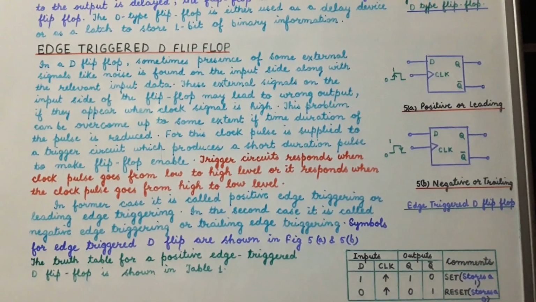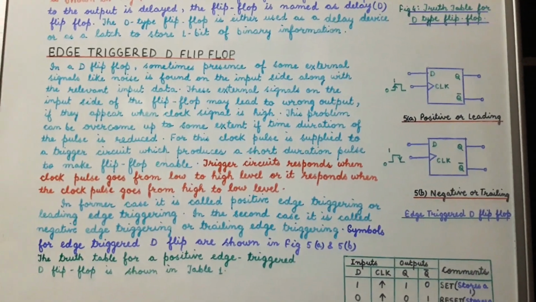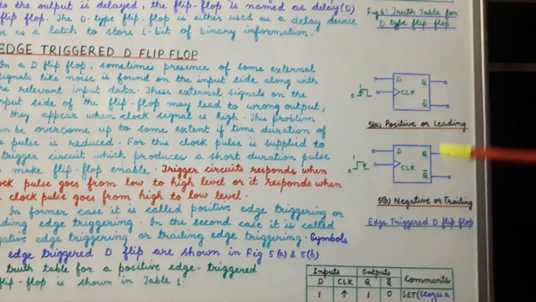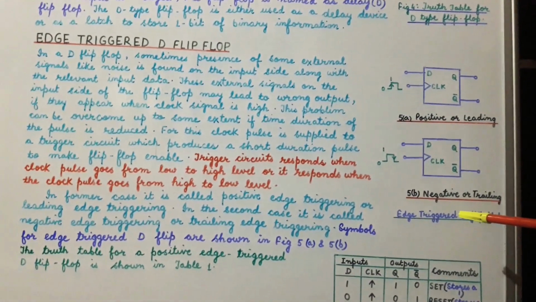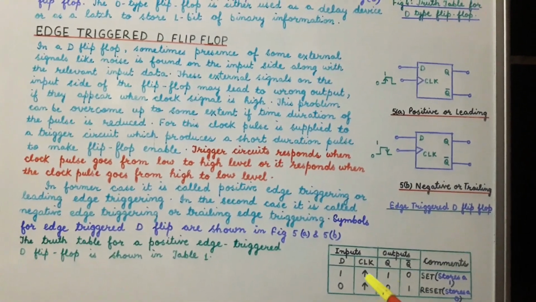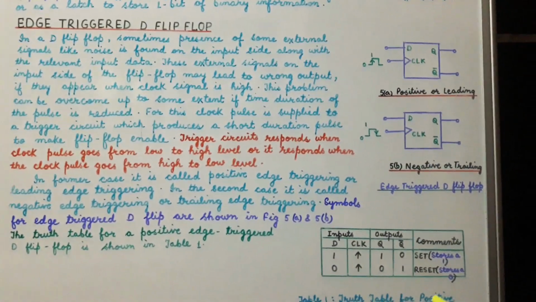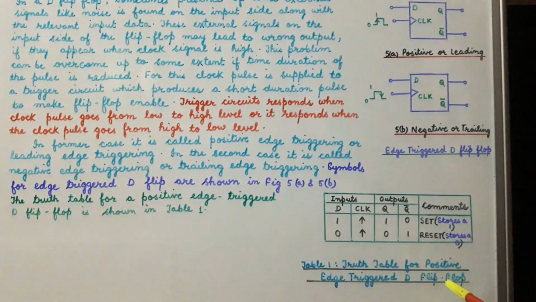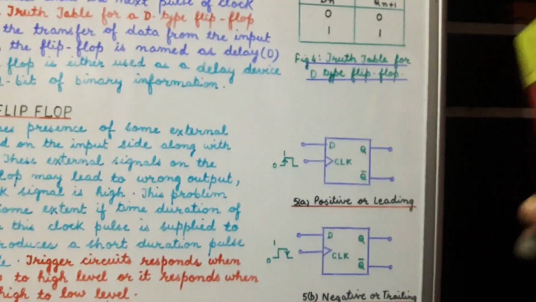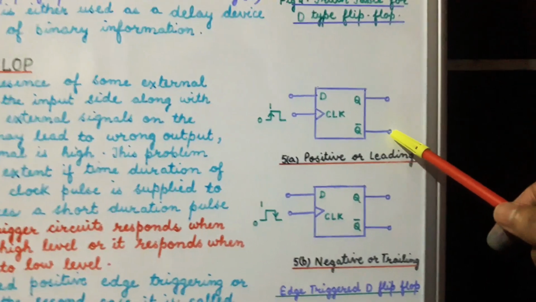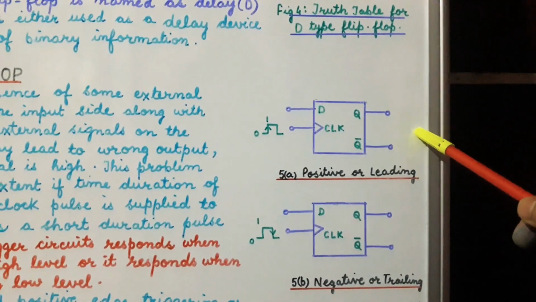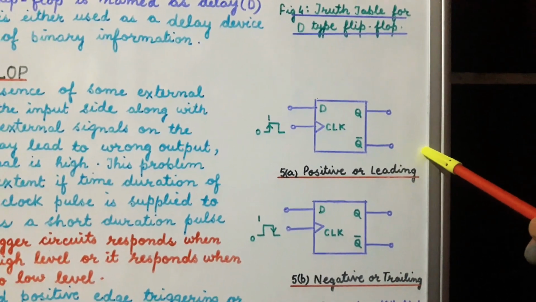The symbols for the edge triggered D flip-flop have been shown in figures 5A and 5B, and the truth table for positive edge triggered D flip-flop has been shown in this table. So here we see that this is the circuit for positive or leading edge triggered D type of flip-flop.